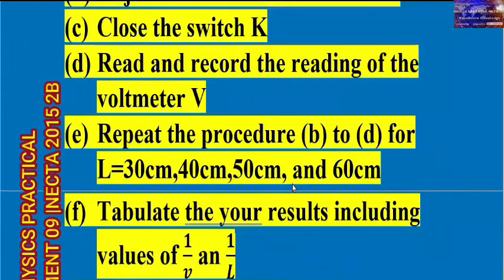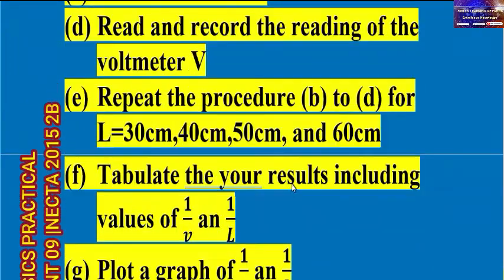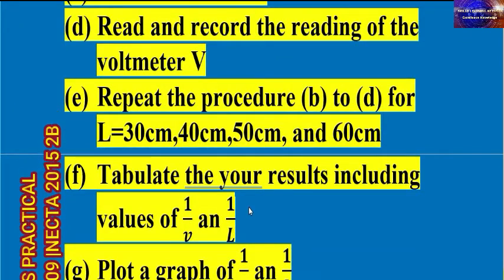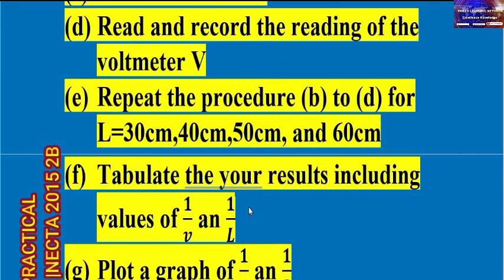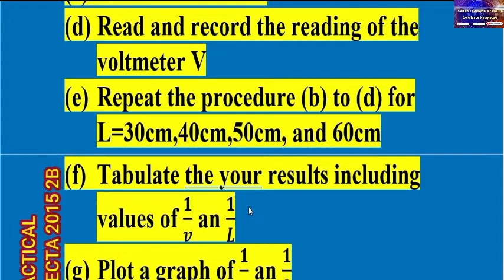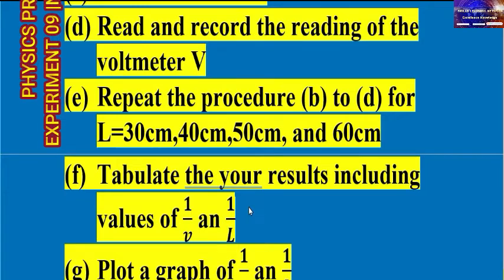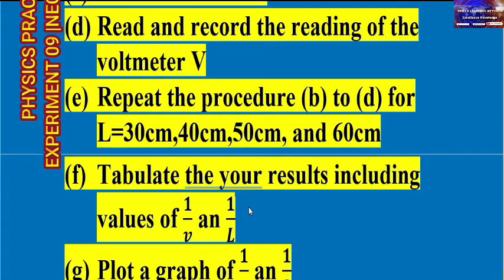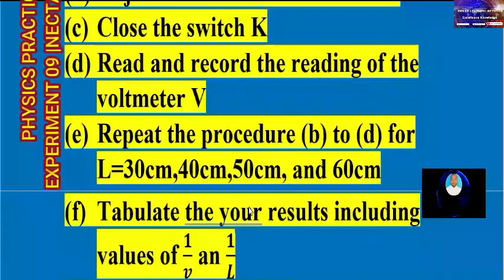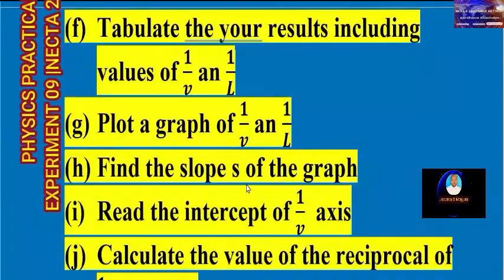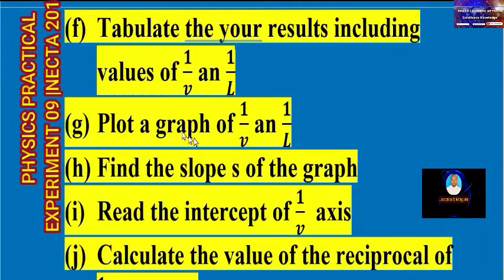Then tabulate your results, including 1 over V and 1 over L. It means you will have different columns. The first column is V, the second is length, the third is 1 over V, and the fourth column will be 1 over L. And after recording the results, you have to perform these questions.